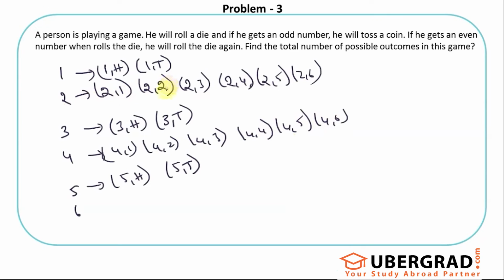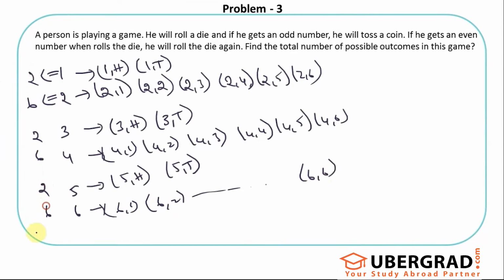I might get 1 or 2 or 3 or 4 or 5 or 6. So these are all possible outcomes, right? Similarly for 6 also, 6 1, 6 2 and so on up to 6 6. Here I have two outcomes each for 1, 3 and 5, and six each for 2, 4 and 6. That's altogether 24 outcomes, right? 6, 12, 18, 24 outcomes.